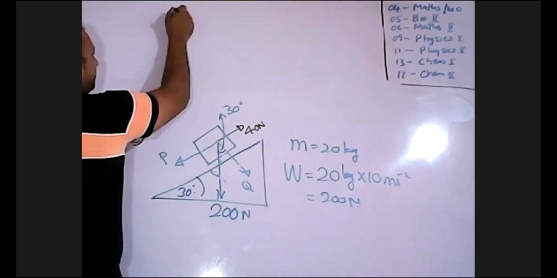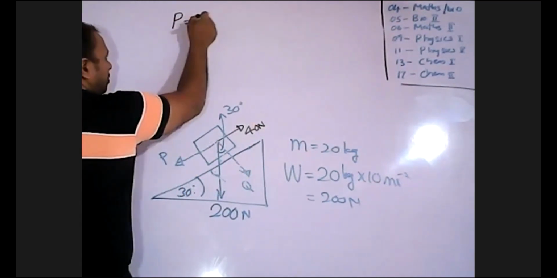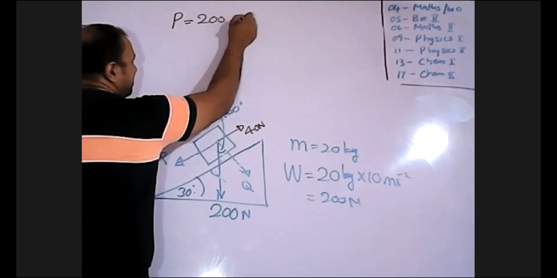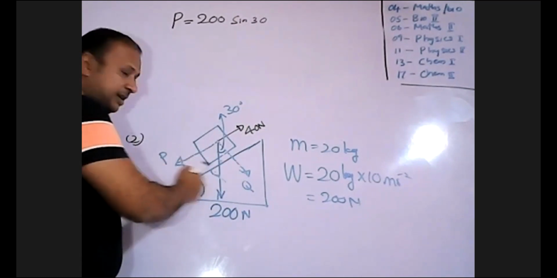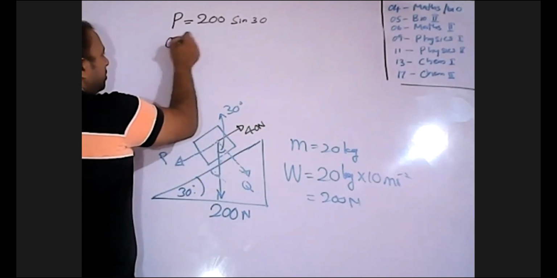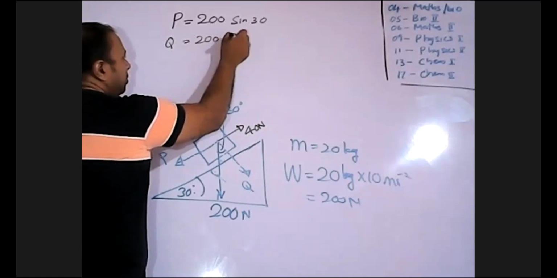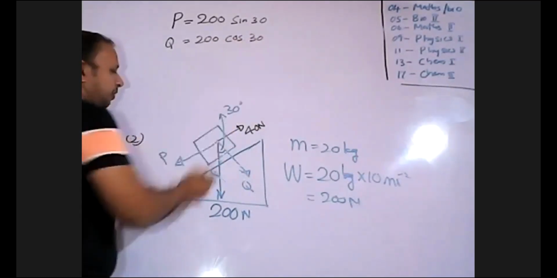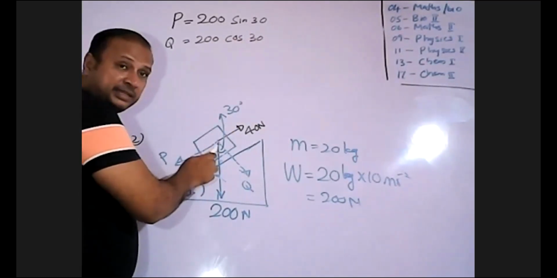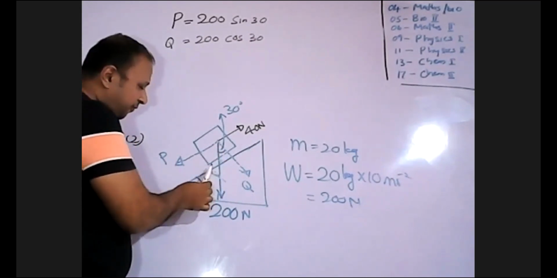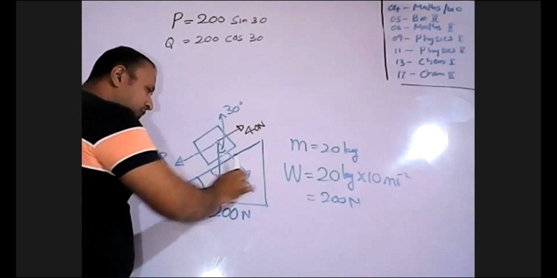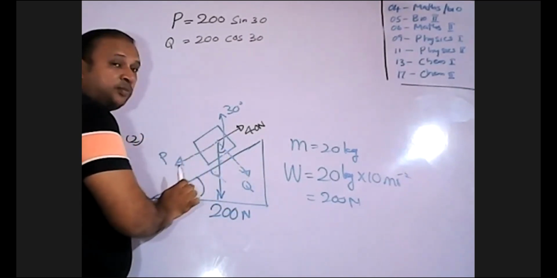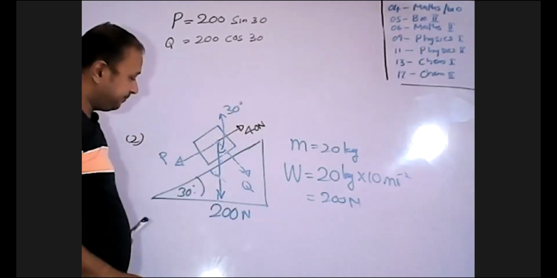Therefore, I can write P is equal to 200 sin 30. Q is equal to 200 cos 30. Look at this one. Here the angle is 30. Therefore, if you resolve this into the Q direction, 30 is here, that means the component should be cos.